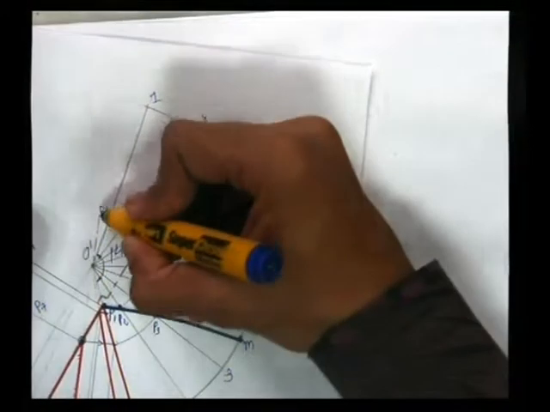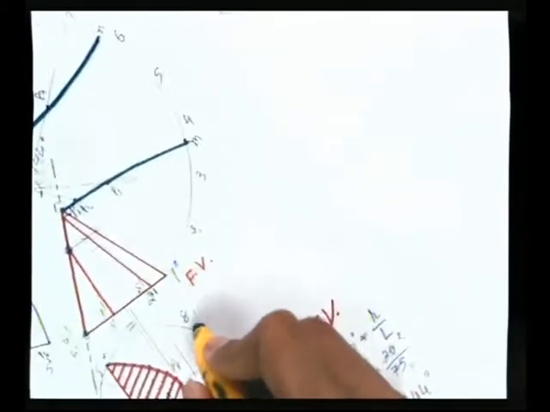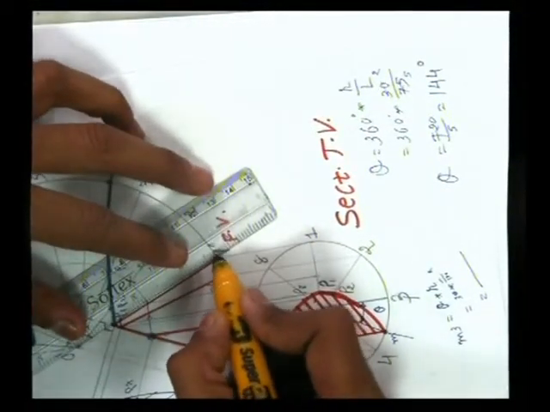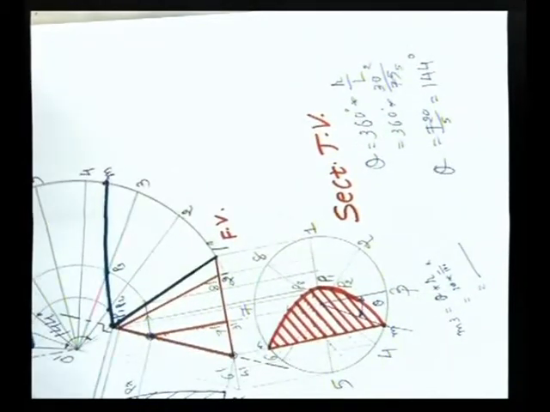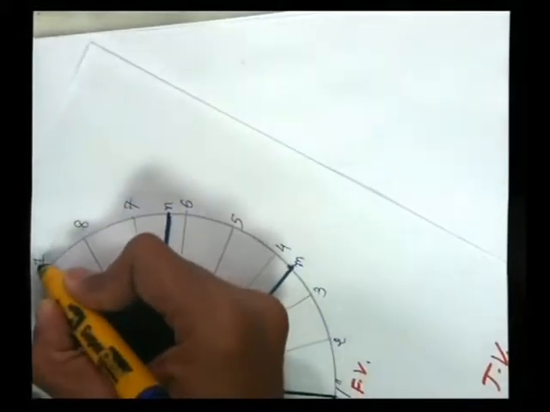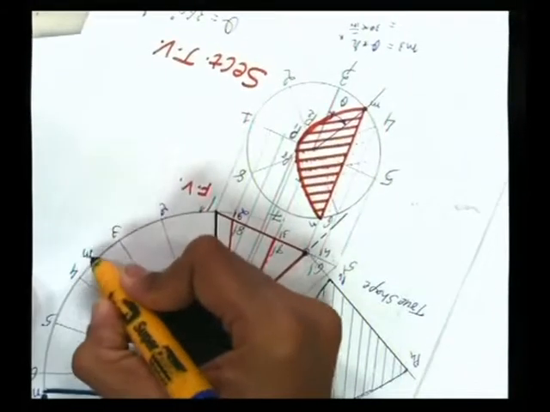This is the retained portion, this straight line is the retained portion. After cutting this cone, this portion retains with us, and points number 4, 5, 6 are the removed portion, hence this arc will remain. So this arc and this arc.